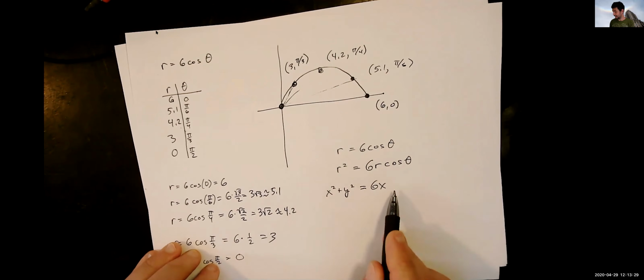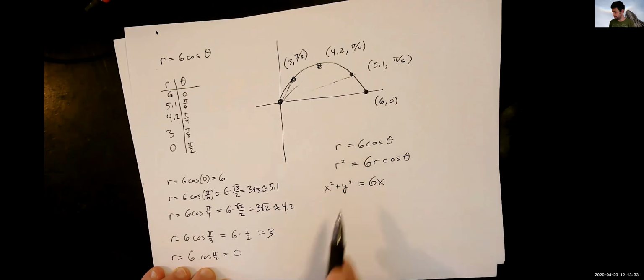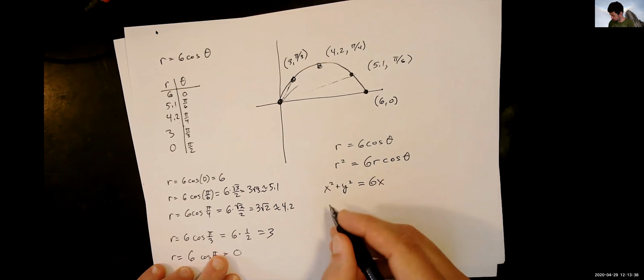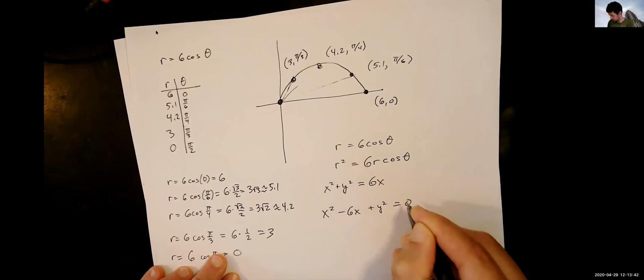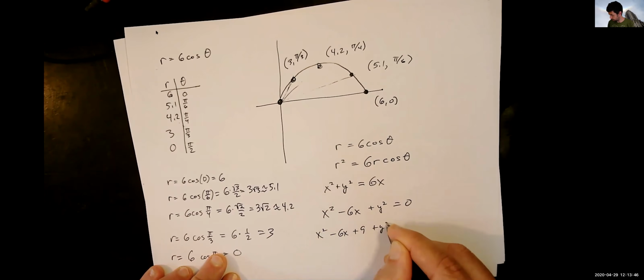Okay. Now all of a sudden I've translated this polar equation into a Cartesian equation. It's still maybe not obvious what it is. Let's do a little bit of algebra. Let me do x squared minus 6x plus 9 plus y squared equals 9.